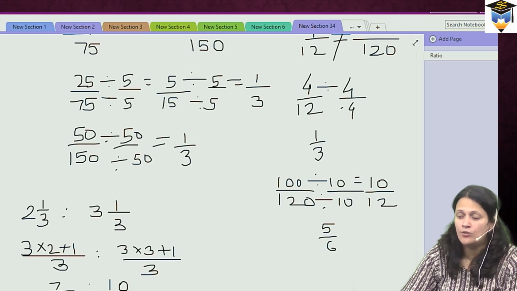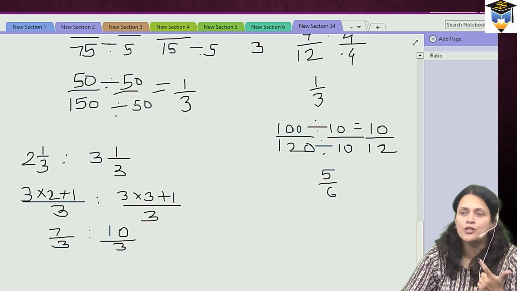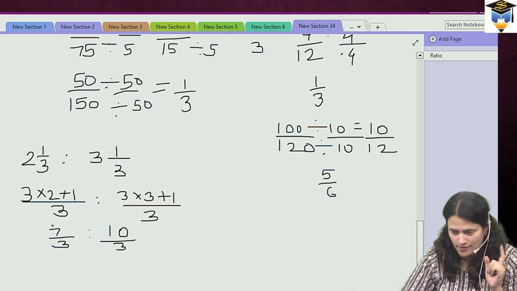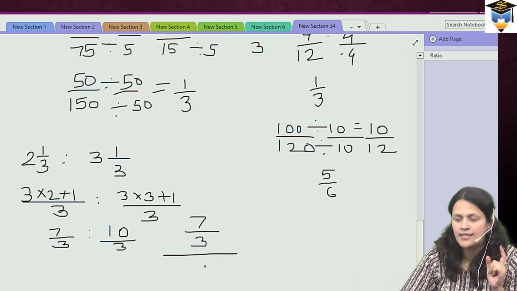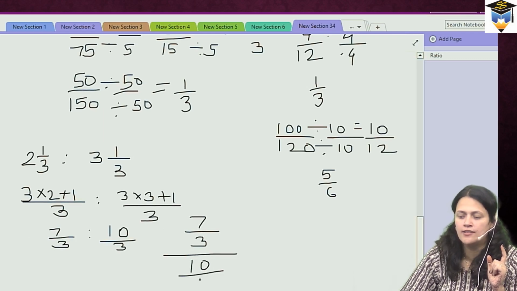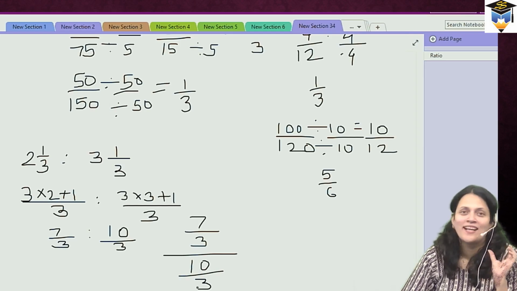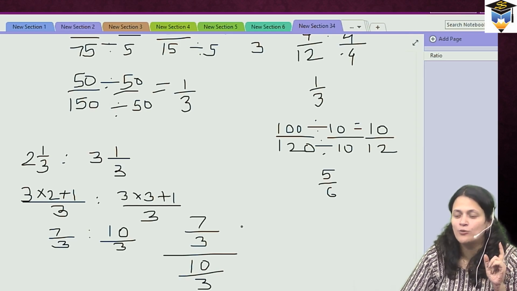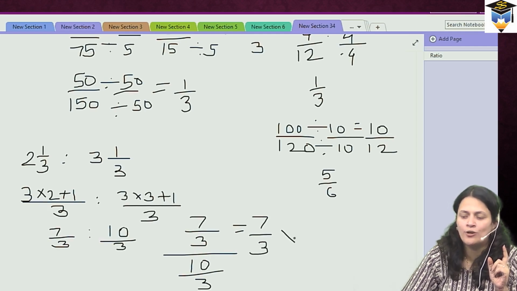Correct? Now these two are in fraction forms. So when we take a ratio, what do we do? The first quantity is taken as the numerator and the second as the denominator. Now fraction division. For the denominator, you have to take its reciprocal and then convert it to multiplication.